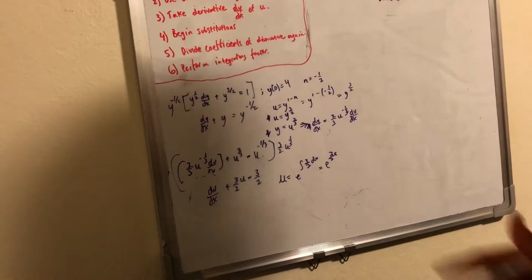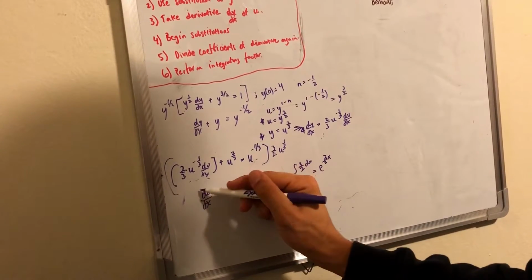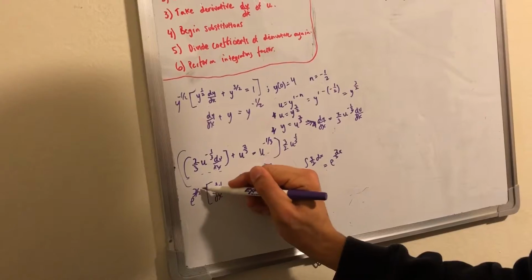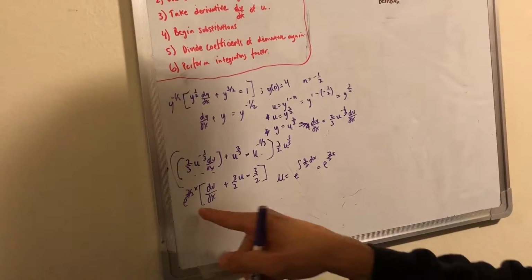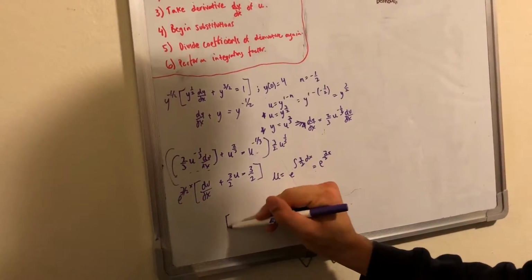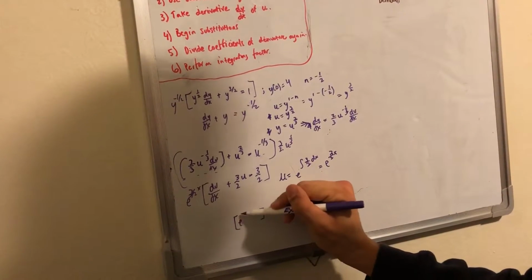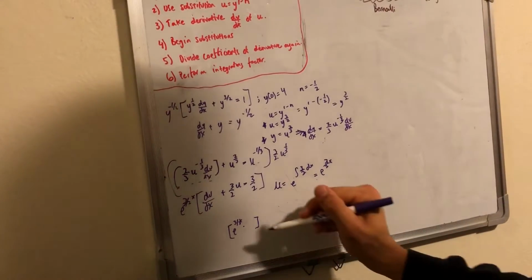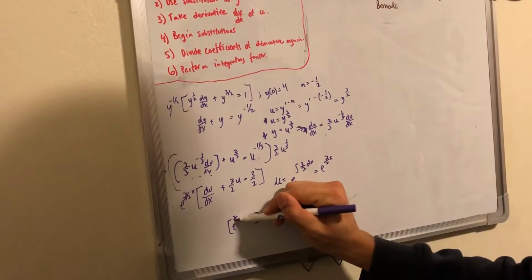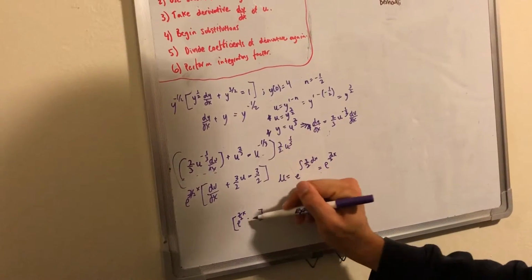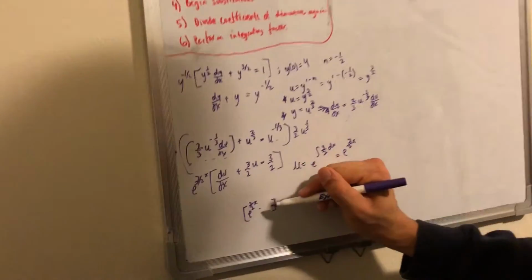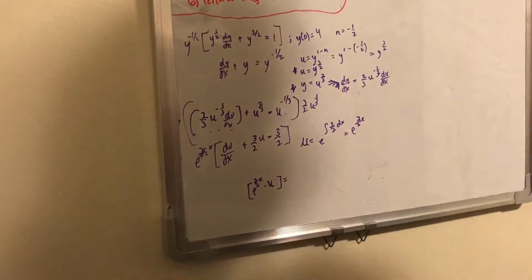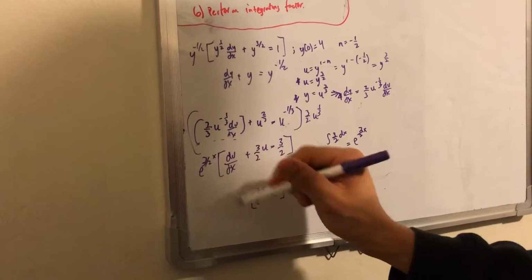Now multiplying this integrating factor to this entire equation and all its elements, we know that we're going to end up with e to the 3/2 x times, it's really messy, the integrating factor multiplied by the dependent variable u, will be equal to the right-hand side once we distribute this.